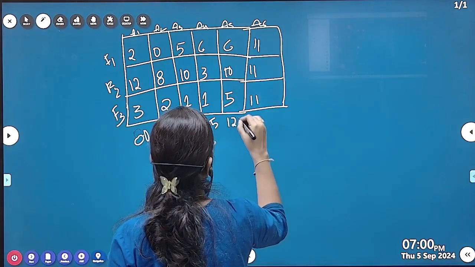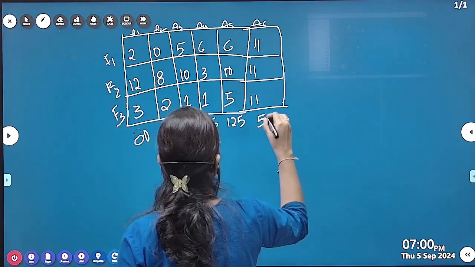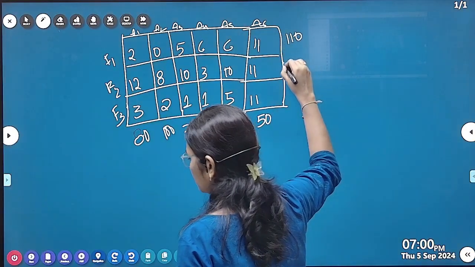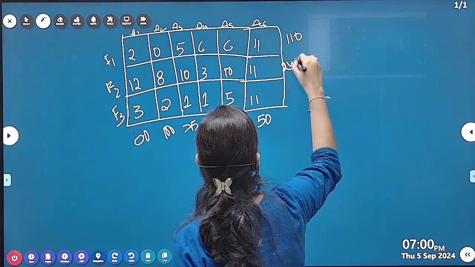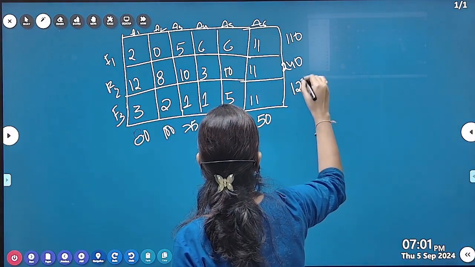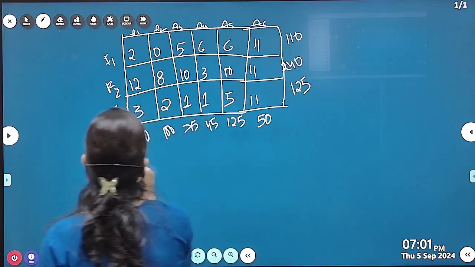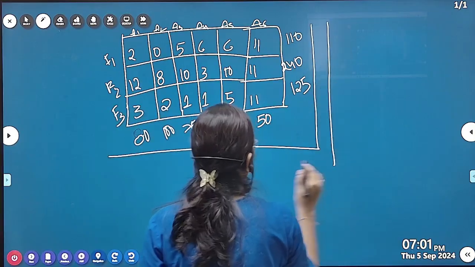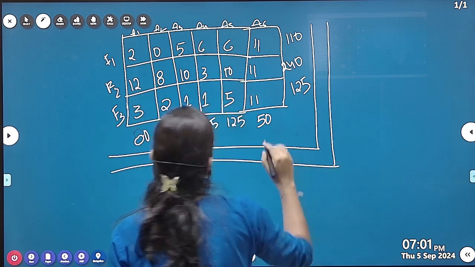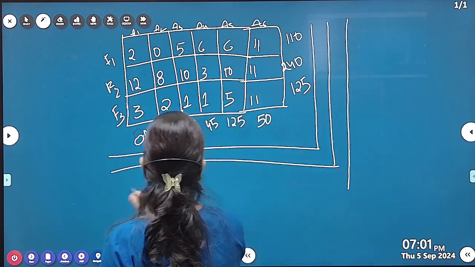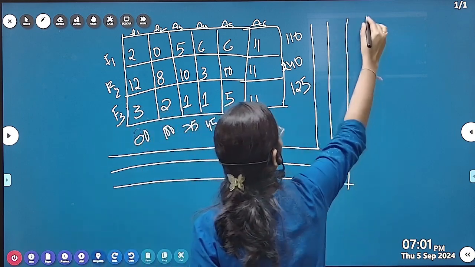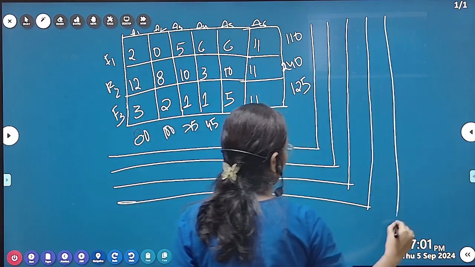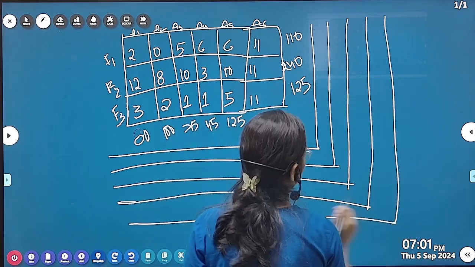If he mentions a method, do it under that method. So is everyone trying it on your own or not? Okay.